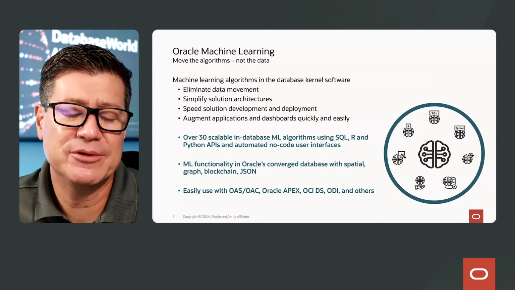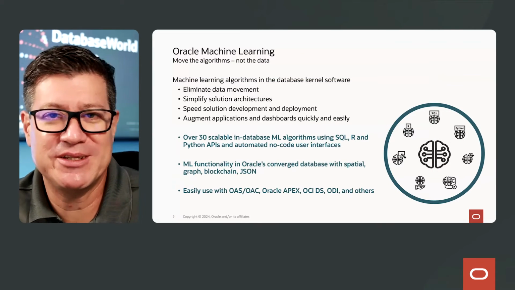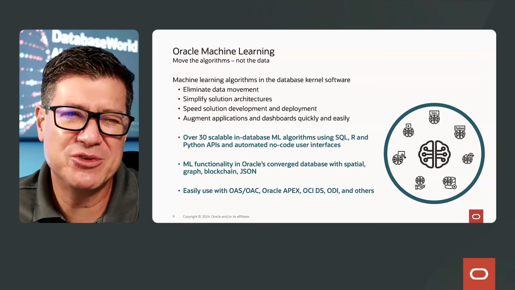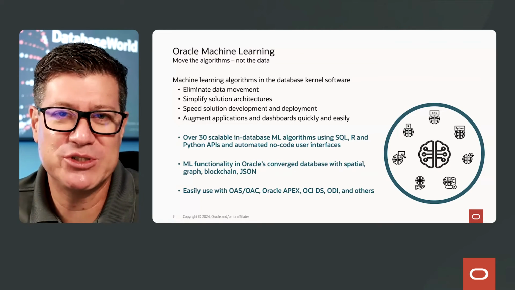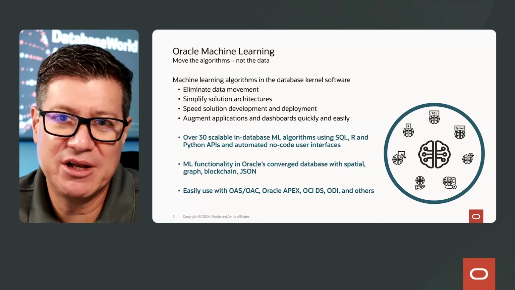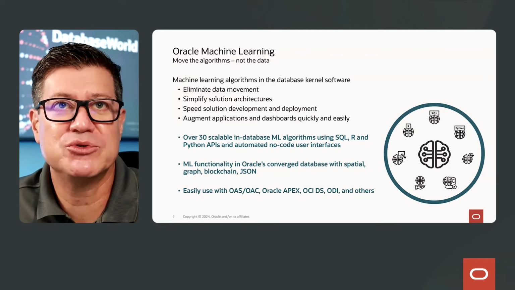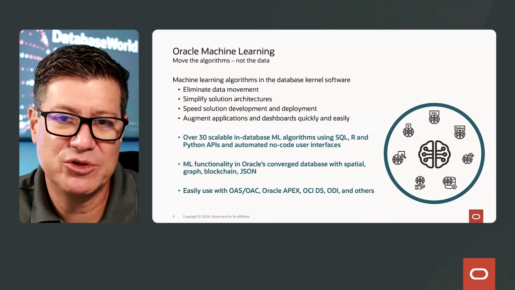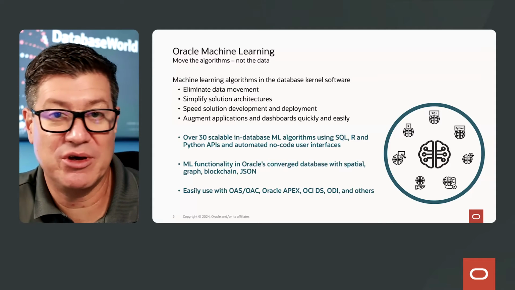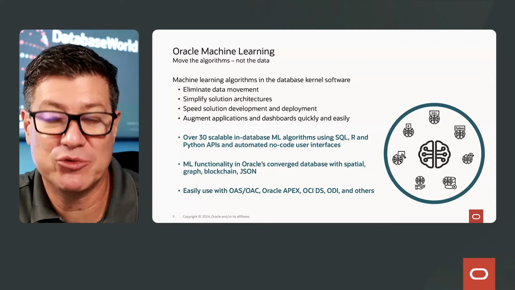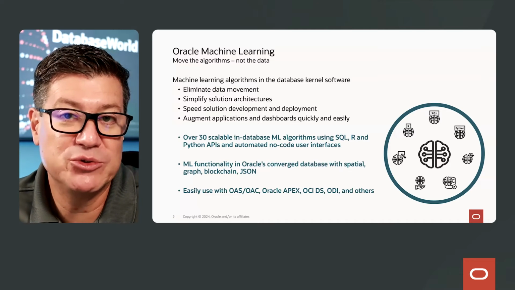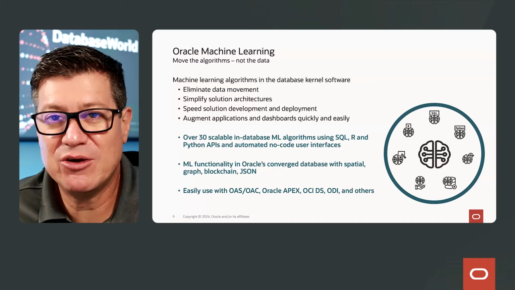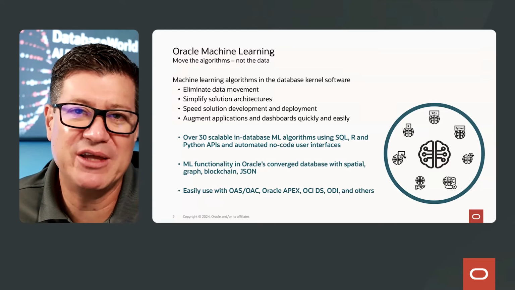The reason we created Oracle Machine Learning in the first place was that there's a gravity on your data, on large volumes of data. Why would you take terabytes of data out of the database to crunch numbers on a separate platform with open source algorithms, when you can do that directly where the data resides? We were going for saving and eliminating all of that data movement and simplifying the solution architecture.